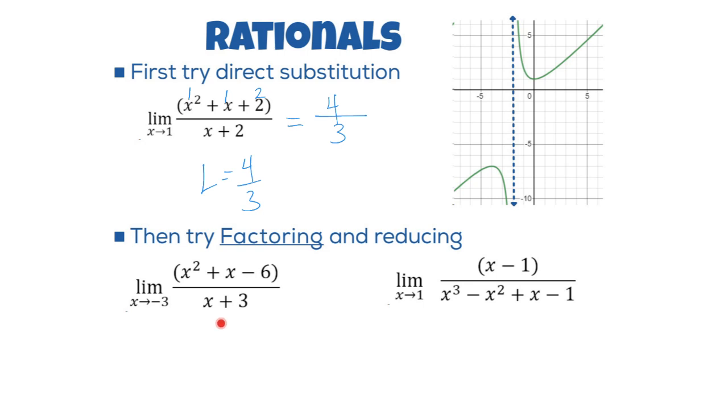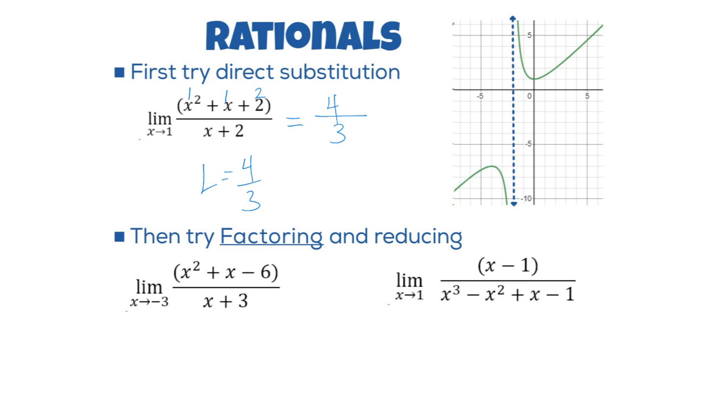All right, down here, x is approaching -3, and that is problematic. That is going to become what I'd like to think is a no limit, but I don't really know why. So instead of just jumping into the assumption that it's a no limit because direct substitution doesn't work, I want to try to clean this up and see if I can reduce.